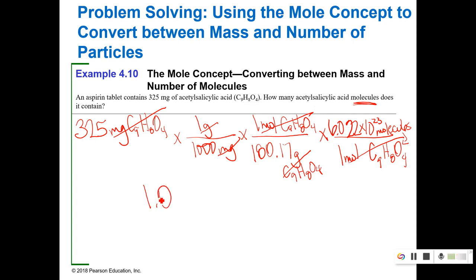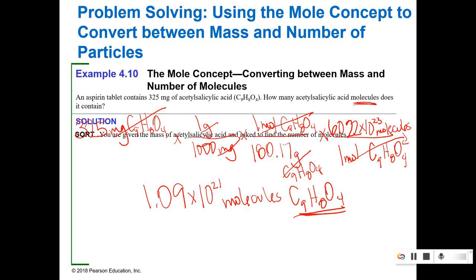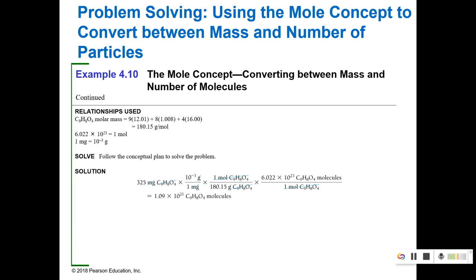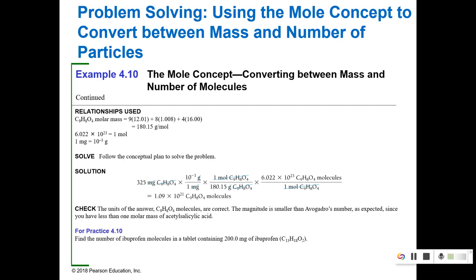And I get 1.09 times 10 to the 21 molecules of C9H8O4. Again, it's important that you start writing this, because otherwise, if you don't, chapter 7 is going to be worse than it needs to be. 1.09 times 10 to the 21 molecules of that acetylsalicylic acid.